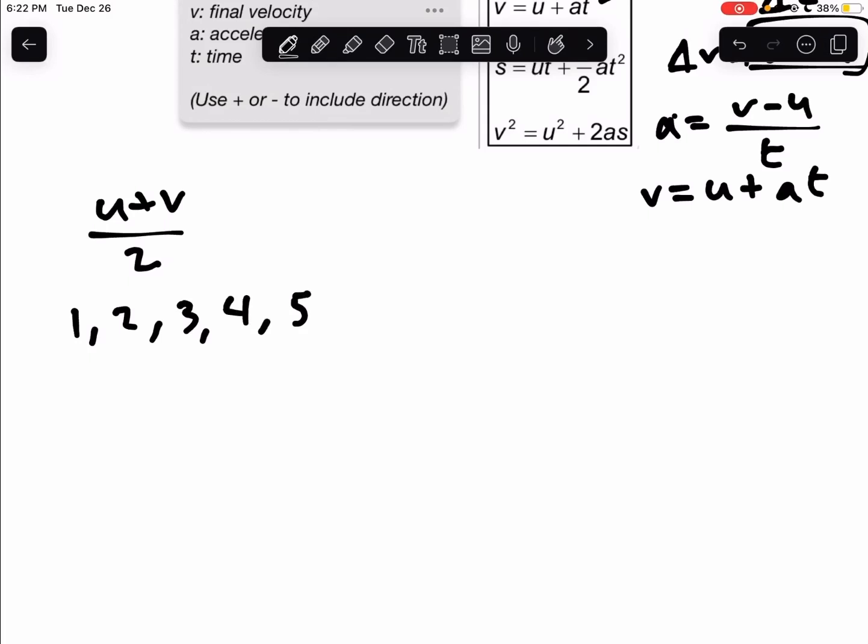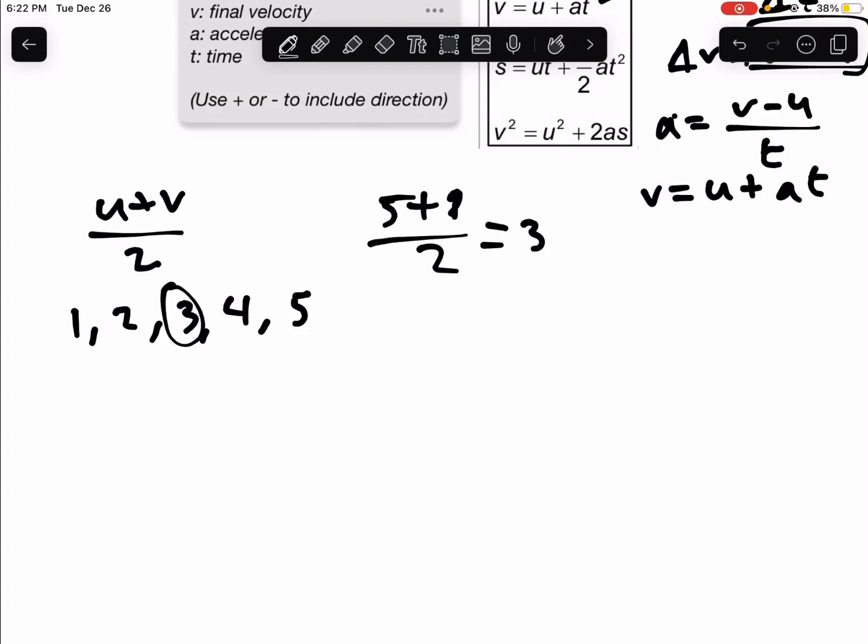It is increasing at a constant rate, which is 1. So if we use this formula, 5 plus 1 over 2, we have 3, which is the middle number. So it makes sense, but this will not work if it's not uniformly accelerated.